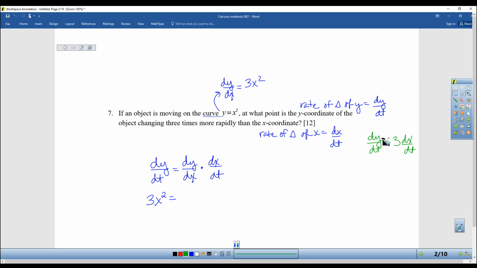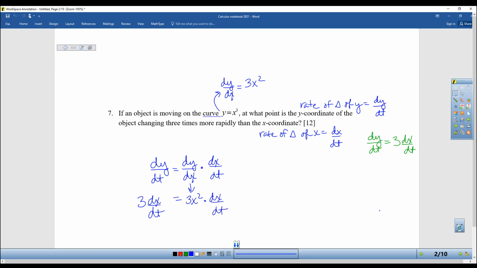And that's going to be key, because I can't do this with 2 different parts, but I can substitute in 3 dx/dt where there used to be a dy/dt. Oops, dy/dx is the 3x squared. And now I'm going to put 3 dx/dt. See that? So dy/dt, I'm going to replace with 3 dx/dt, because that's the exact point that I want to know, times dx/dt.